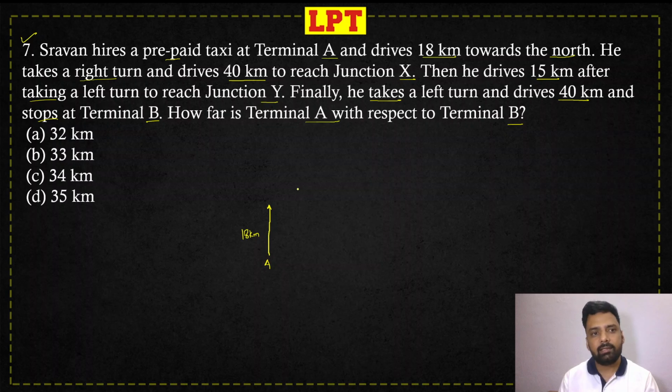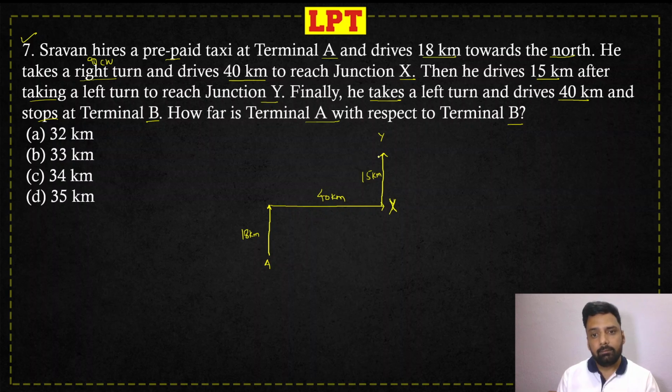Right means 90-degree clockwise, and he drives for 40 kilometers to reach junction X. Then he drives 15 kilometers after taking a left turn. Left means 90-degree anti-clockwise. So he traveled 15 kilometers after taking a left turn to reach junction Y.